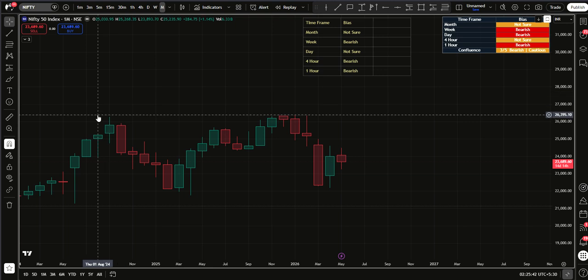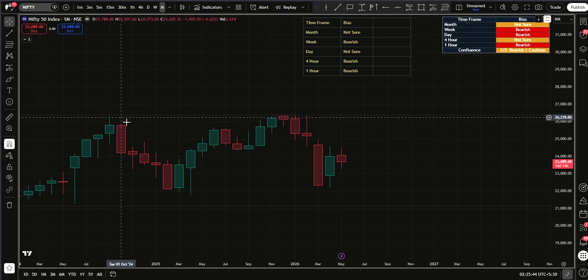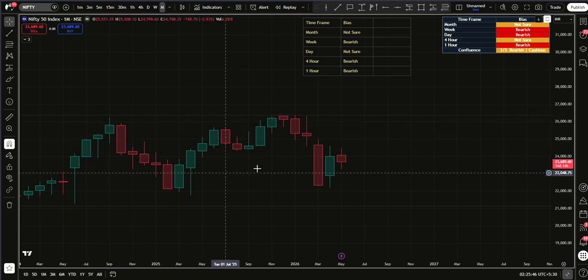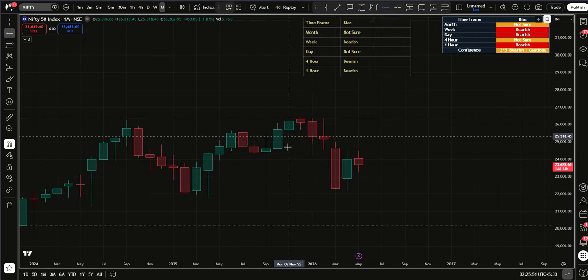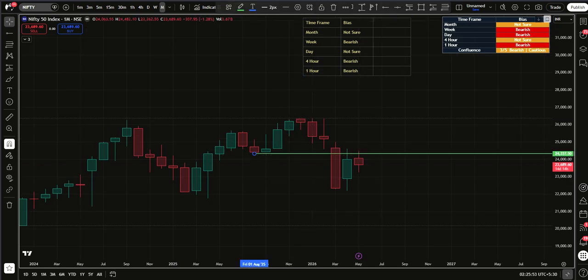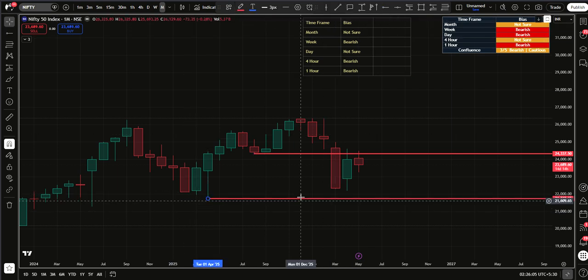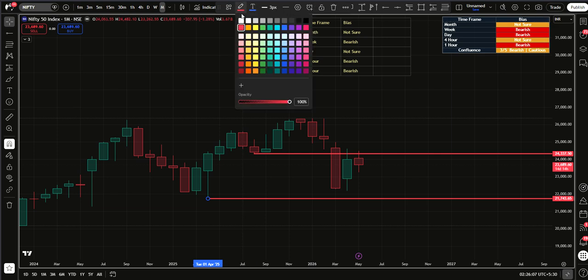And for a bearish bias, I'll need a lower high. Like this is a high and this is a lower high. So none of this exists right now. So there's nothing I can read into it. I just know that the sellers are right here. I'll need a thicker line that should be marked in red, and the buyers that I know of are right here on a monthly time frame.